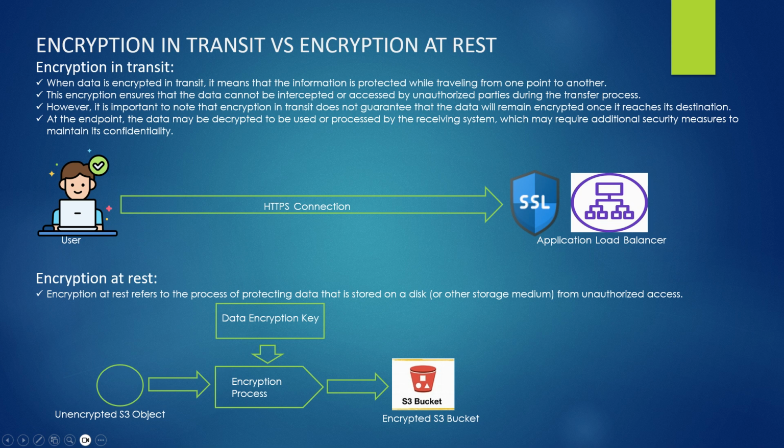It means your data in the S3 bucket is encrypted with the algorithm that you have chosen, and no one would be able to access it or reprocess it. I hope this point is very clear to you, and this is very important for your exam. You need to understand the key difference and how it works conceptually.